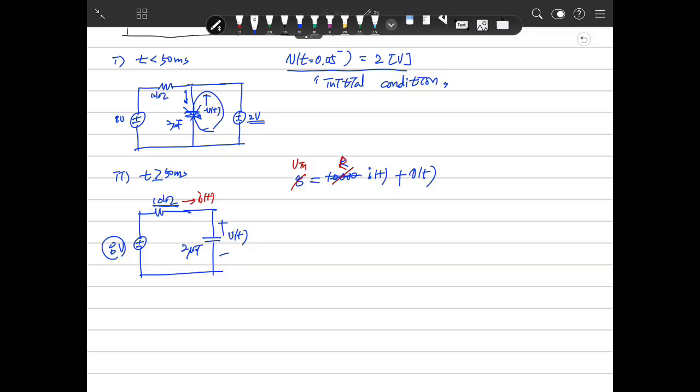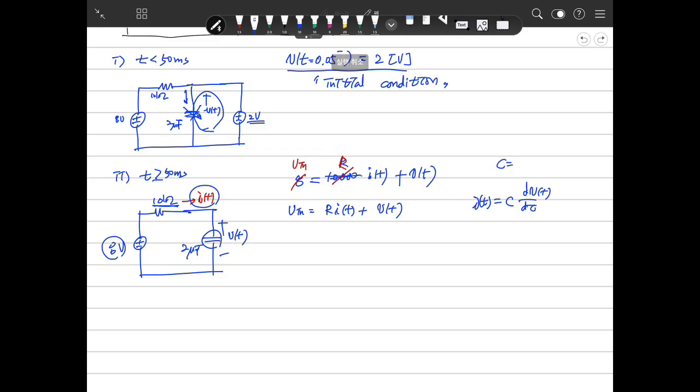So V in is R It plus Vt. Because It is the current flowing through the capacitor, we got the information It is C dVt/dt.